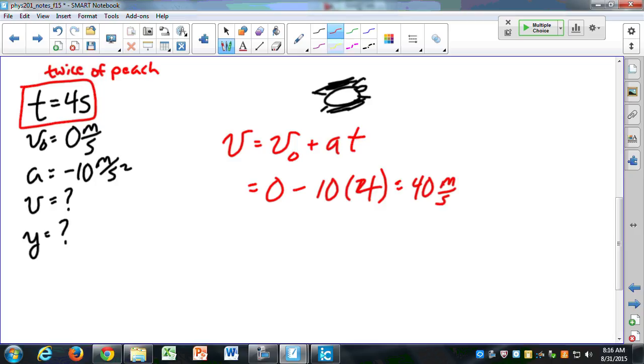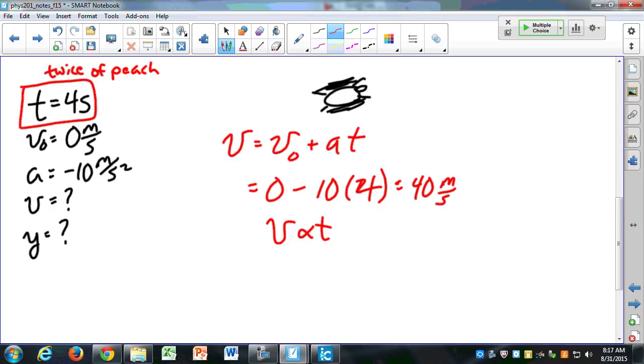How does that speed compare with the speed of the peach? How much more is it by a factor of what? It's double, right. So the time is doubled, and so the velocity is doubled. That's because I have this linear relationship between v and t, that the velocity is directly proportional to the time, and so I have the same acceleration for both.